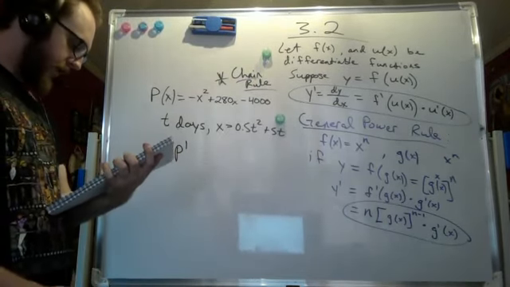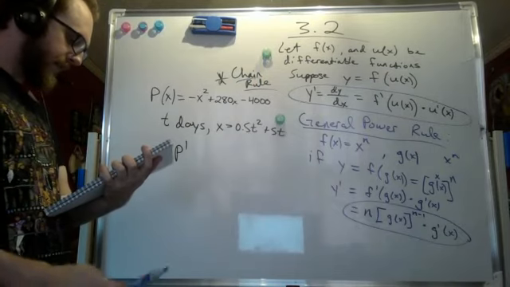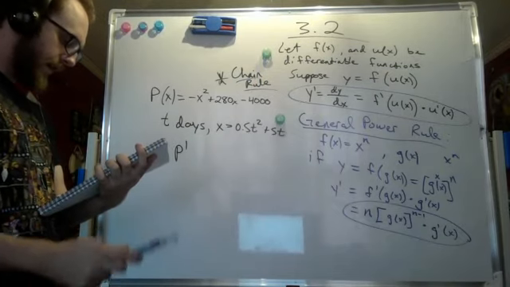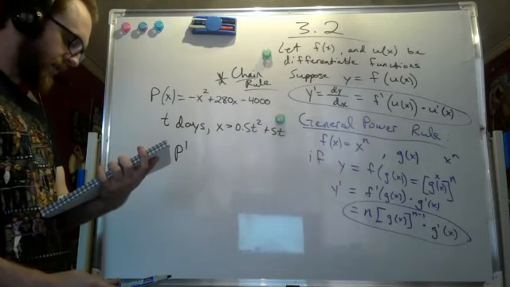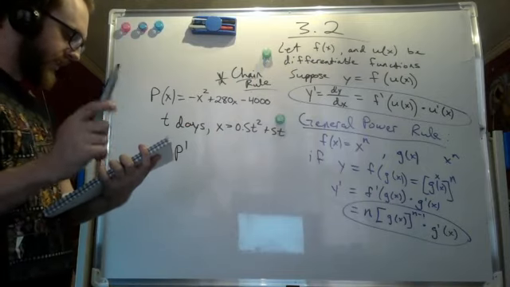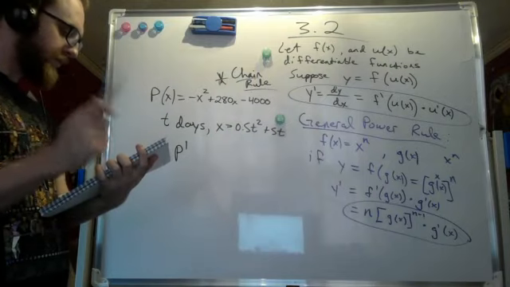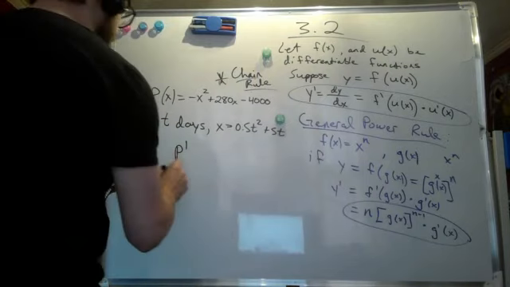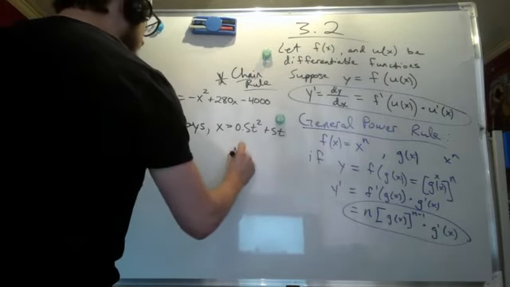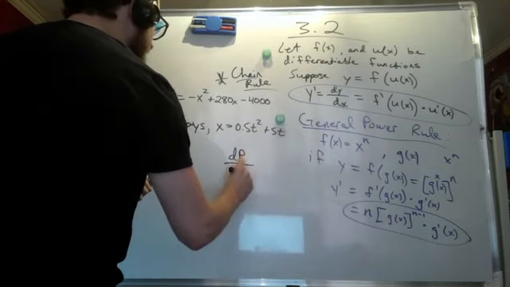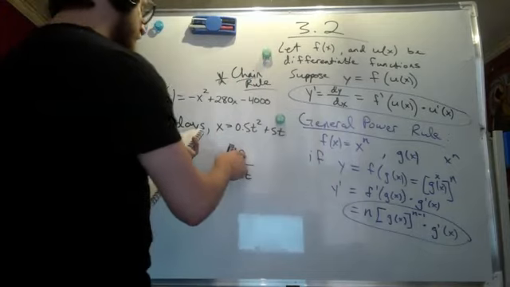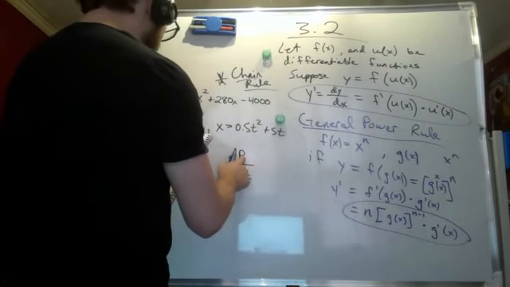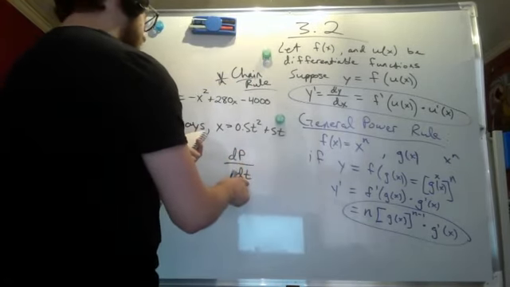Find the rate of change of profit with respect to time at the end of 4 days. So it's interesting. They say rate of change with respect to time. In other words, that's dP/dt. It's the derivative of profit with respect to time.